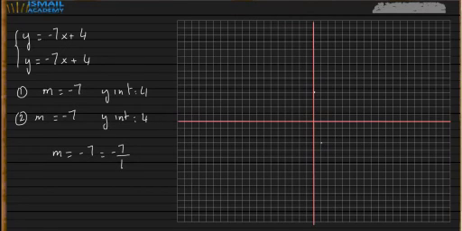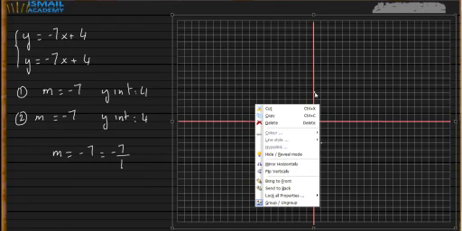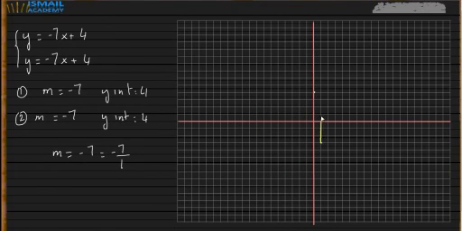So I just need to draw both lines here because we'll have only one. Let me adjust the line. There we go.